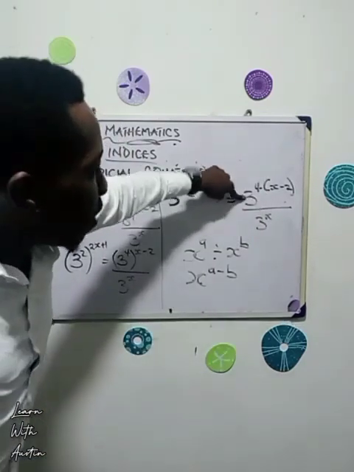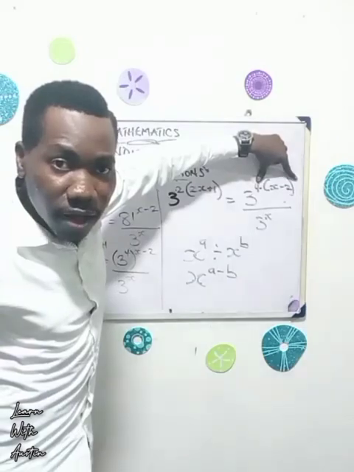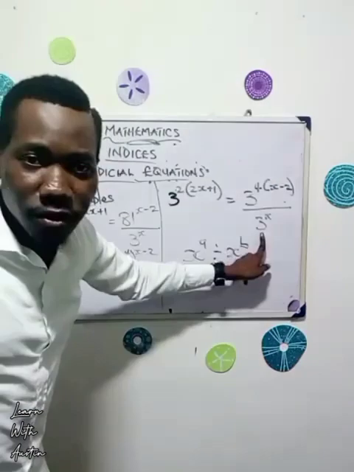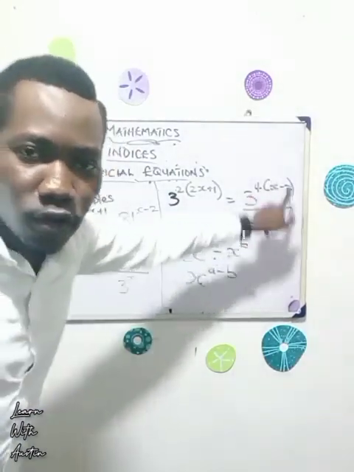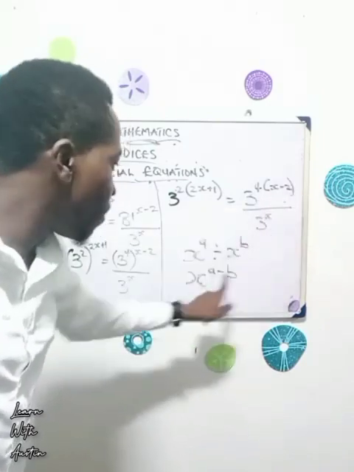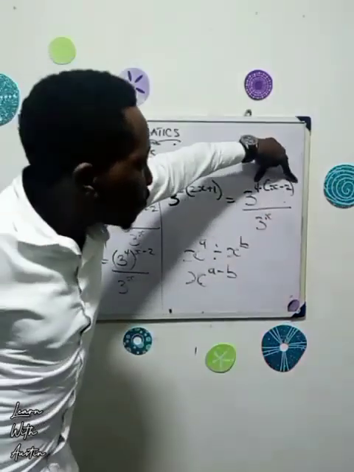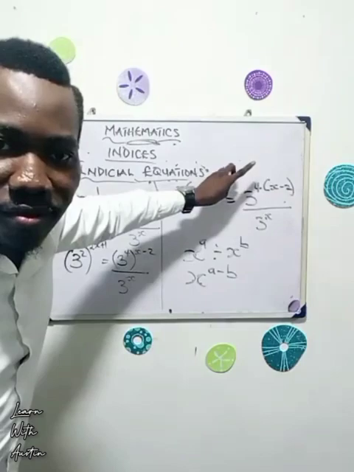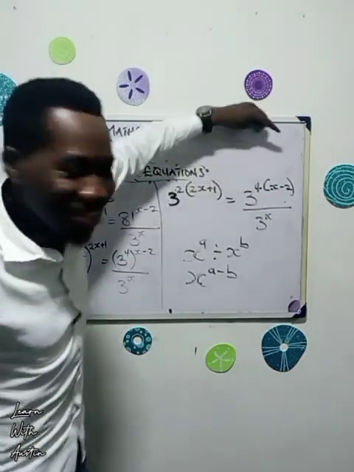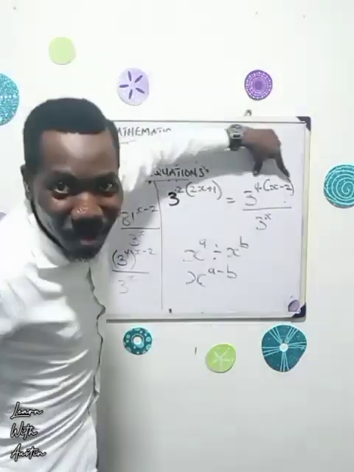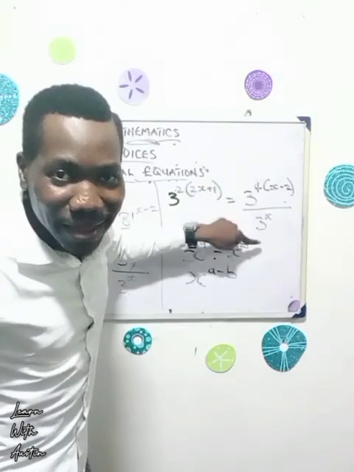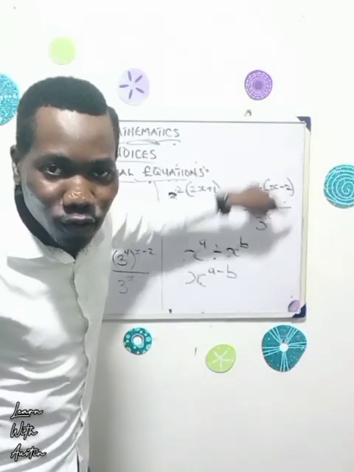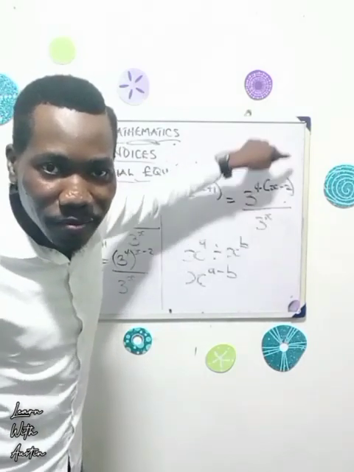They are going to subtract the powers, alright? So in this case, we'll have this minus this. This raised to the power of this divided by the same base, right? So what you're going to do is to subtract the powers.